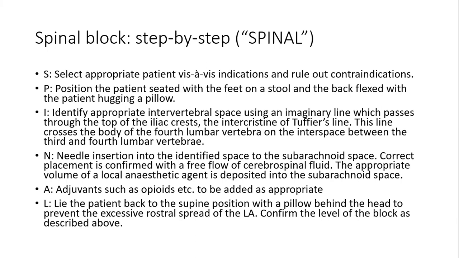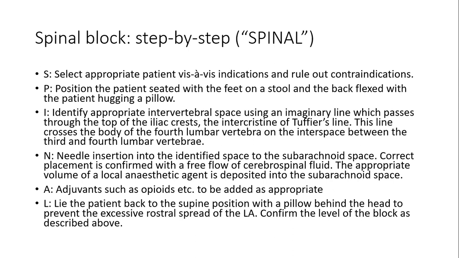All right, after which you deposit the appropriate volume of your local anesthetic agent into the subarachnoid space. Sometimes we add adjuvants such as opioids or your vasoconstrictors like phenylephrine or epinephrine, all right, to increase the quality and the duration of your anesthesia.